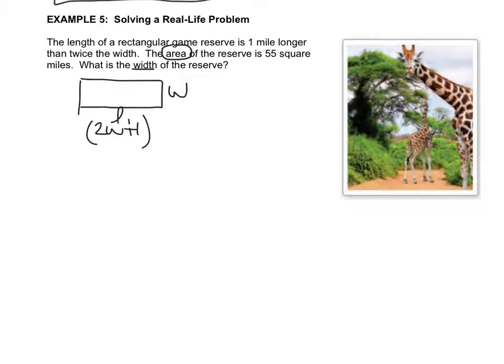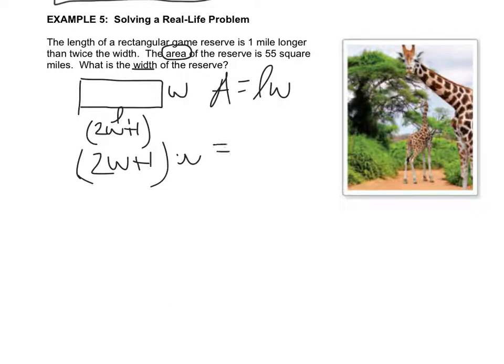So we can now use that binomial to figure out the area, but only having one variable. So again, area is length times width. We're substituting the length, or L, with 2w plus 1 times w. And we have an area that we already know, which is 55.